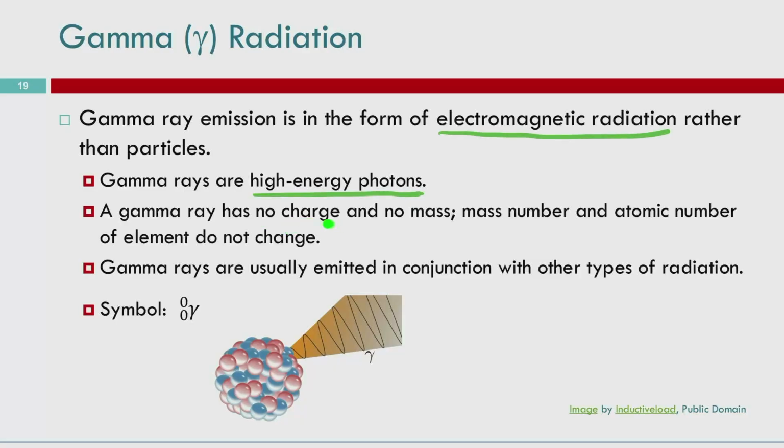Gamma rays have no charge and no mass. And so if you just do gamma radiation, nothing changes. It's just releasing energy. So typically these are emitted with other types of radiation.